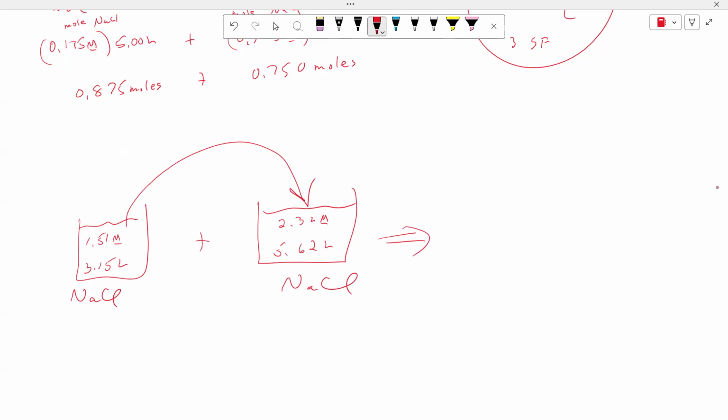Okay. So what I like to do is the simple calculation first, which is what's our new volume? We have 3 and 5 liters. What's our new volume going to be? And then we calculate the new numbers of moles.